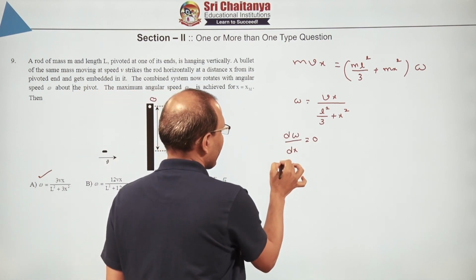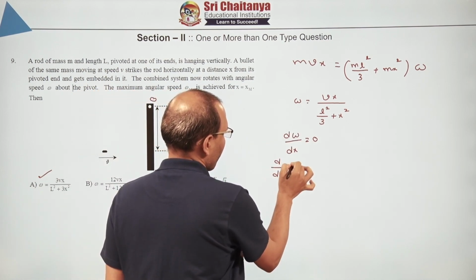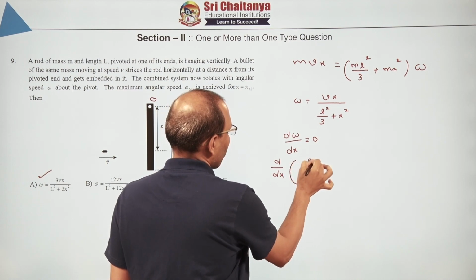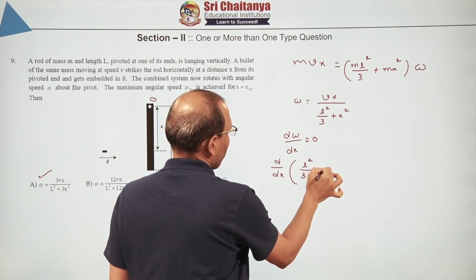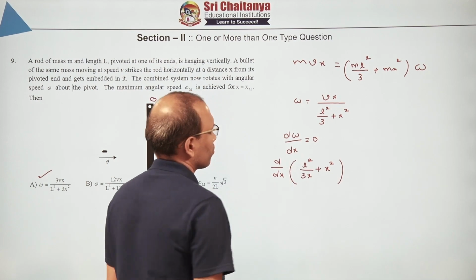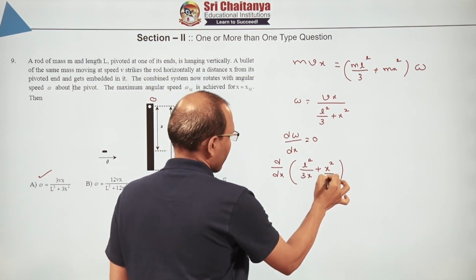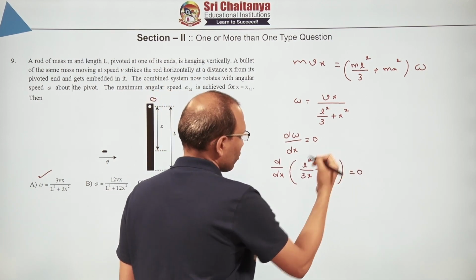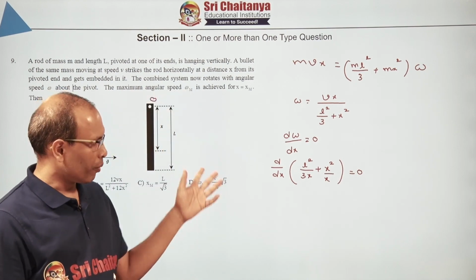So if I write that, I will get d by dx of L square by 3x plus x square by x should be 0. This is a simple derivative, that's why I am taking this method.